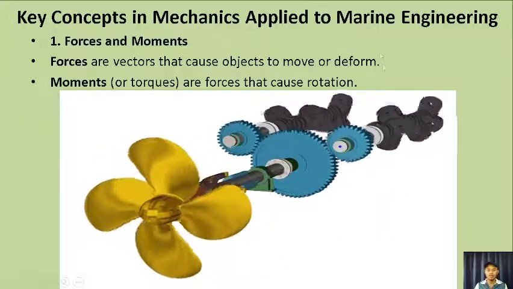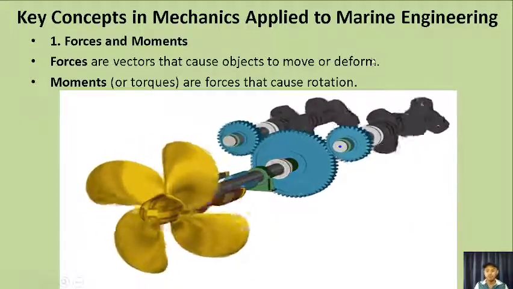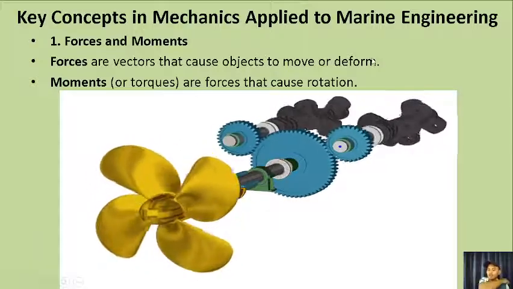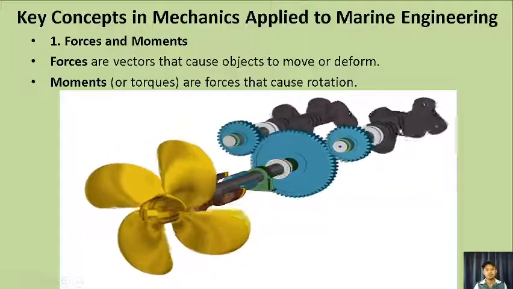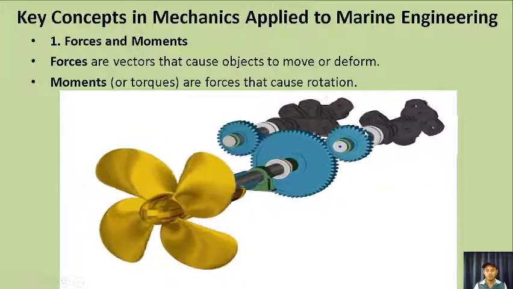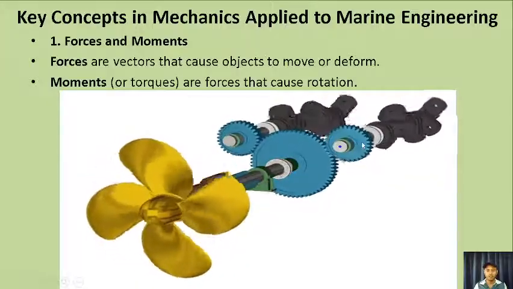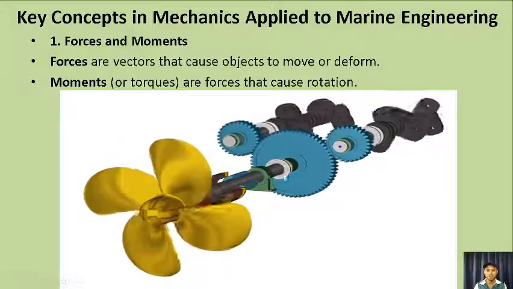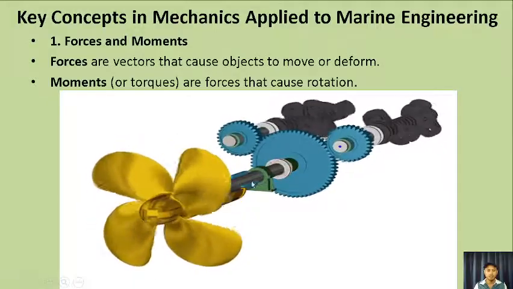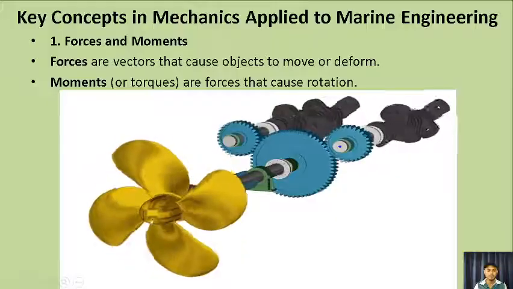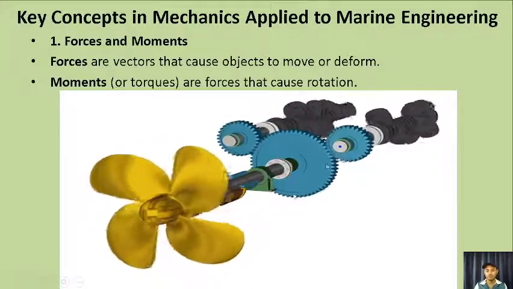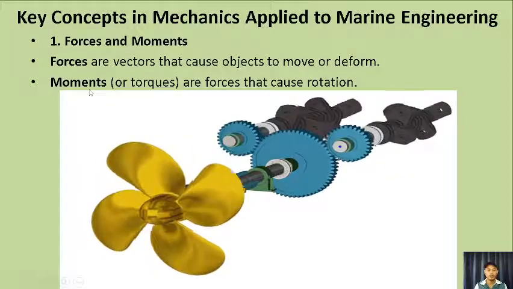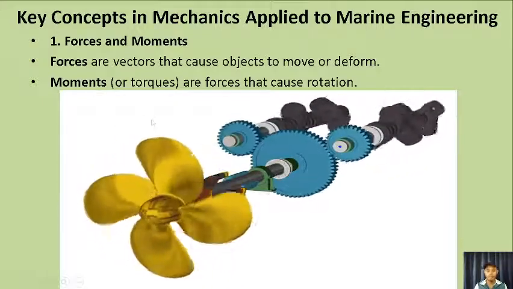Those linear or reciprocating forces will then be converted to rotational forces, like this one and the crankshaft. So this is the crankshaft. We have here the gears, the propeller shaft, and the propeller. The force that causes rotation for these parts is the moment, or the torque.